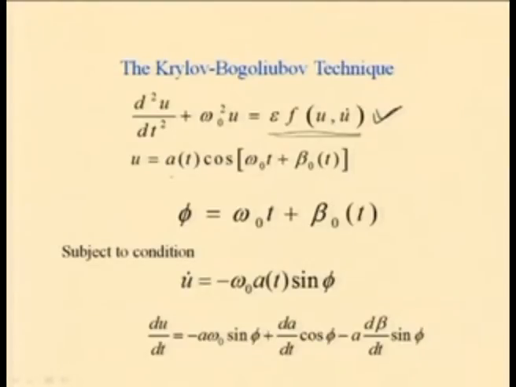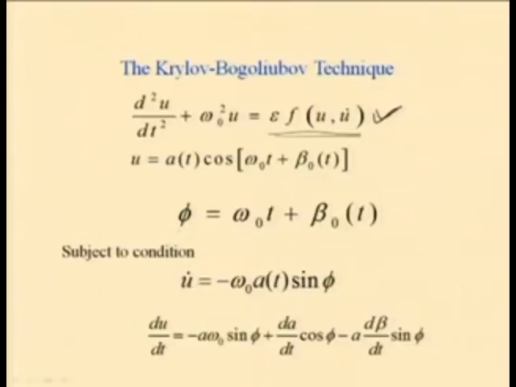For small nonlinear terms, a and beta are slowly varying functions of time. Taking phi equal to omega 0 t plus beta(t), the equation is written in this form: u equal to a(t) cos phi.